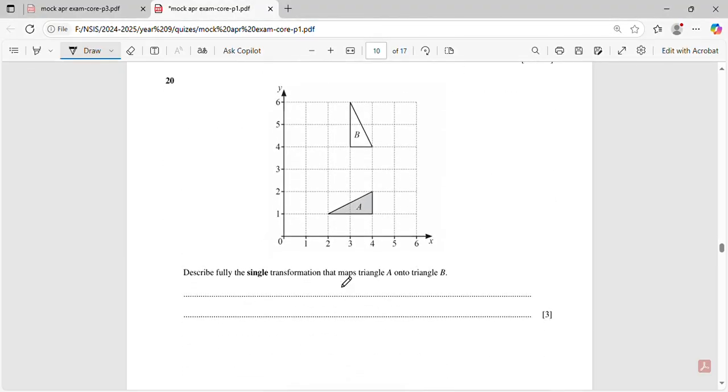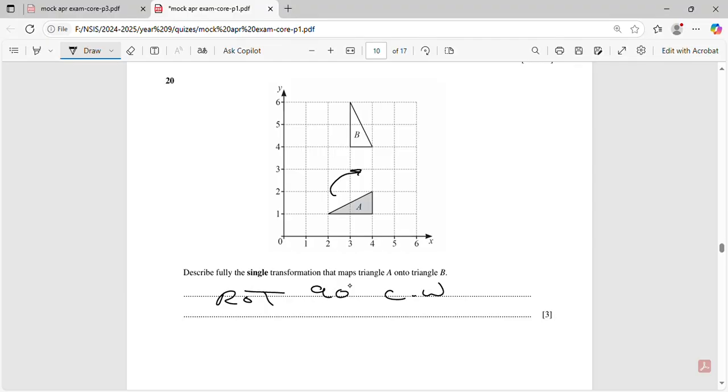Okay. Now here, describe fully the single transformation that maps triangle A into B. What leads A to B, and we can notice that it becomes in this direction here. So as you can see, it will be a rotation of 90 degrees clockwise, and the center will be here, one up and one left, at this line.